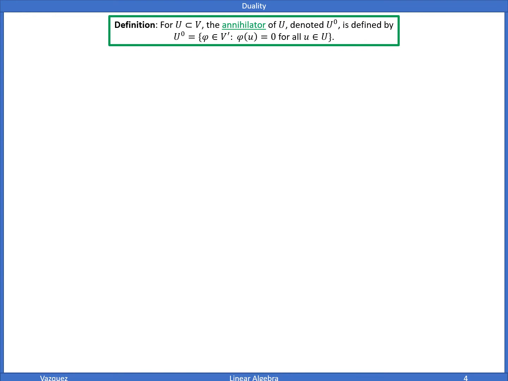It takes a vector and maps it to 0. And that's when we're dealing with linear functionals. So we relate this to the null space, but now it's the annihilator because we are dealing with linear functionals.